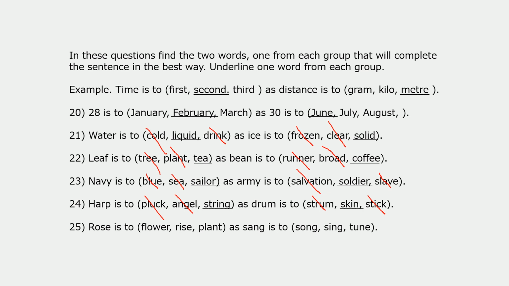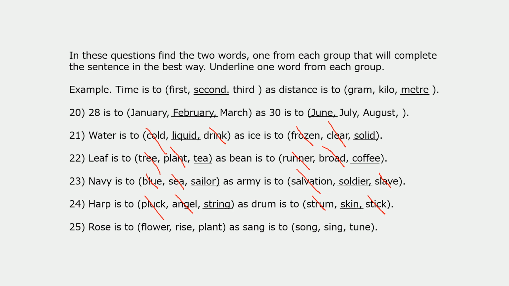Question 25, our last question of this video. Rose is to either flower, rise, or plant, as sang is to either song, sing, or tune. Well, what is a rose? Well, a rose is a flower. And what is sang?